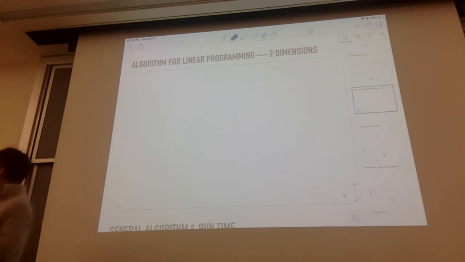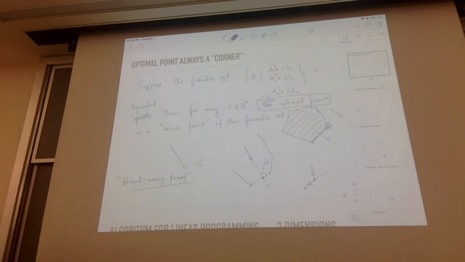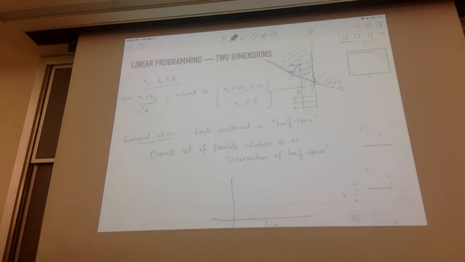Yeah, so the corners, at least the way I have defined them, at least in 2D this is very obvious, is that you take every pair of constraints and you see where they intersect. That should give you a corner. In this manner, you can try basically all possible corners. This is somewhat feasible for 2 dimensions because you have m constraints. You try all m choose 2 different ways of choosing corners.